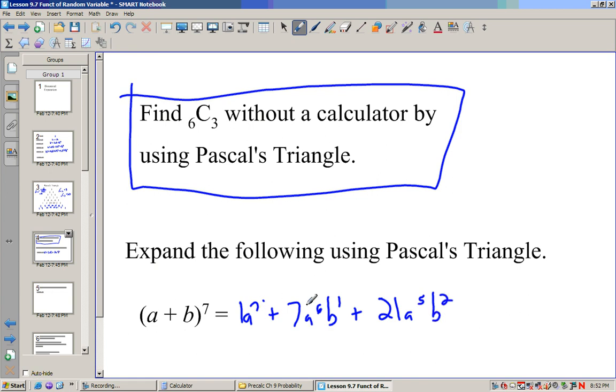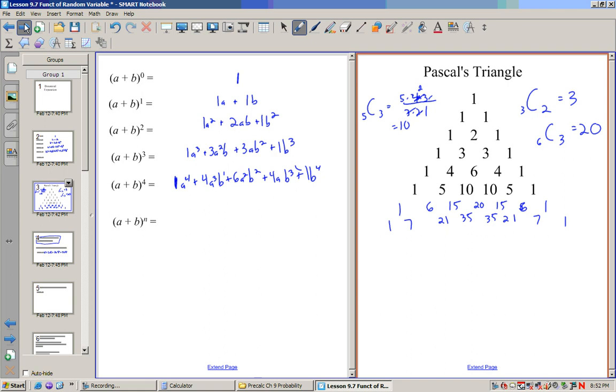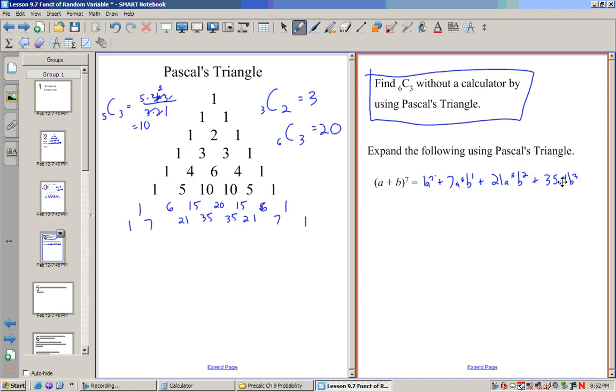See how the a's are decreasing in their exponents and the b's are increasing in their exponents. The next one would be 35 a to the 4th b to the 3rd. Then, well, maybe it'll be easier if I just do this. So we have 35 here, and then we'll do another 35 a to the 3rd b to the 4th.